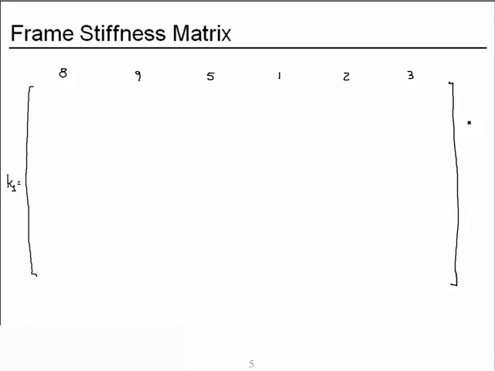And our rows will also be in degree of freedom sequence 8, 9, 5, 1, 2, 3.